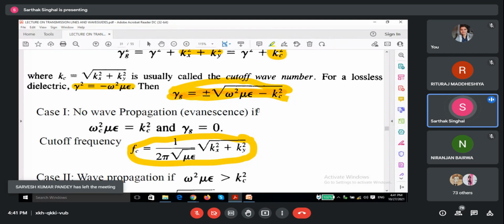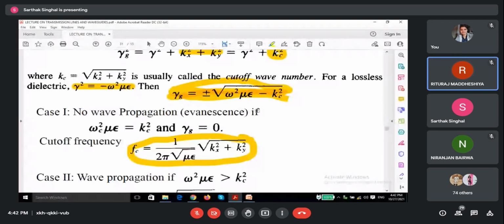When is kc greater than omega under root mu epsilon, or lesser than omega under root mu epsilon? In which case will your wave propagate, or gamma g be positive?